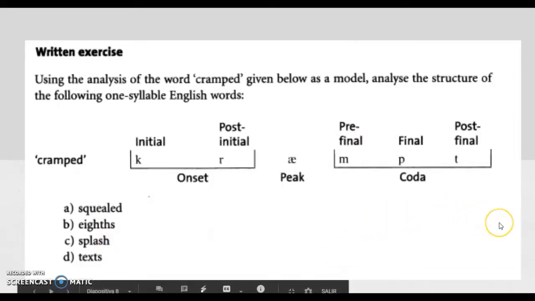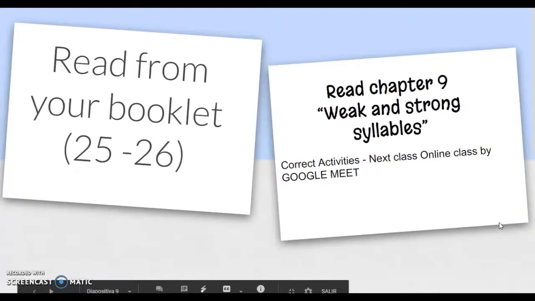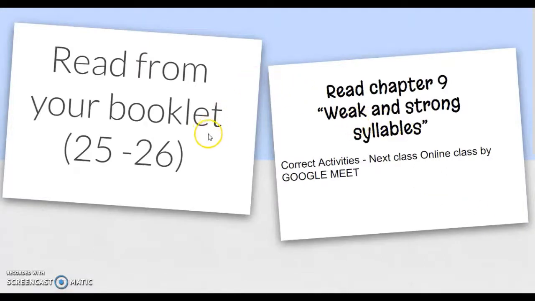We are going to have a video called next class. So you're going to read from your booklet pages 25 and 26, the one that is called weak and strong syllables. We're going to go deeper there, and you're going to get it from the Facebook group you have there in files in Unit 3.